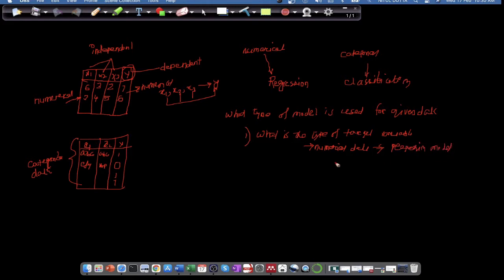Then we should go for a regression model. If your target variable is not numerical, rather it is categorical, then we should go for classification.